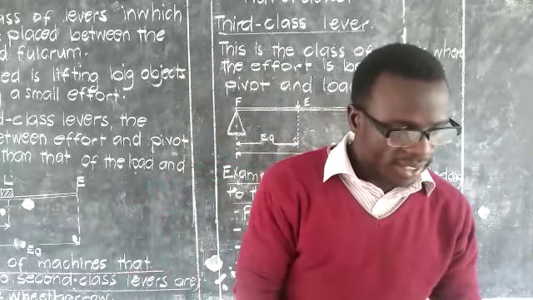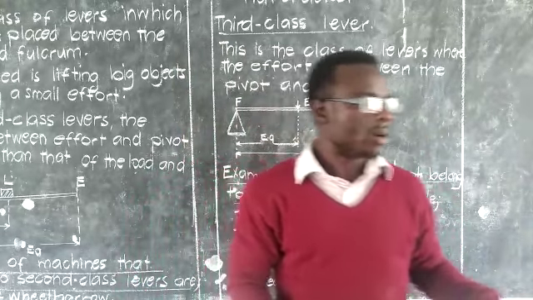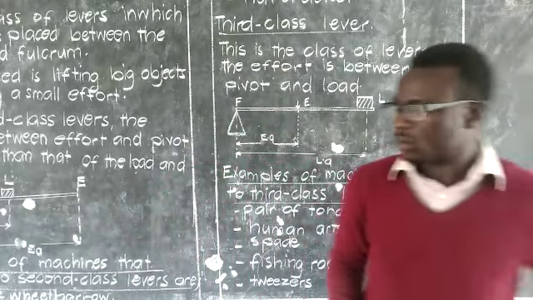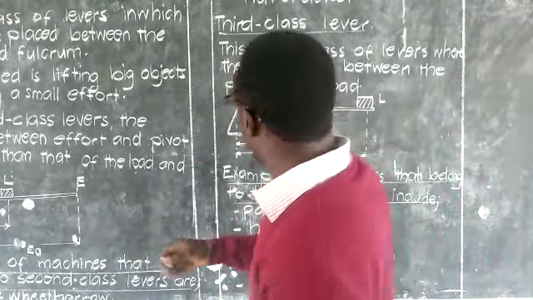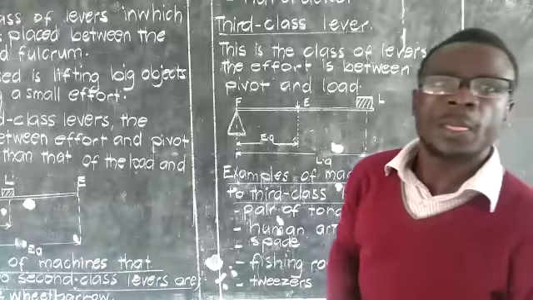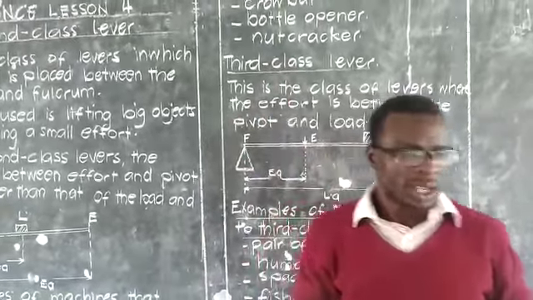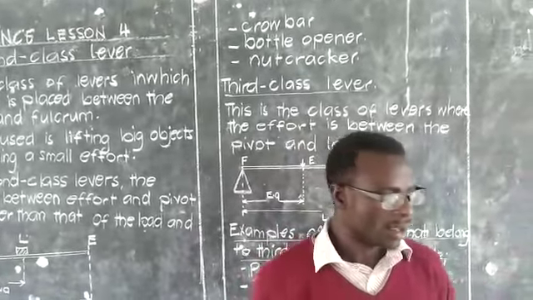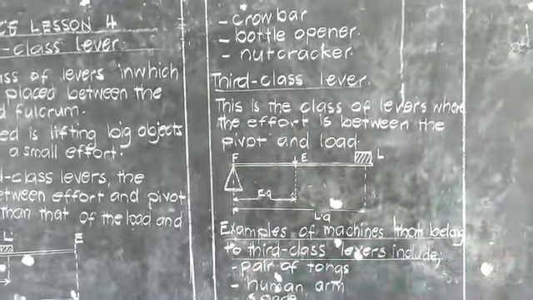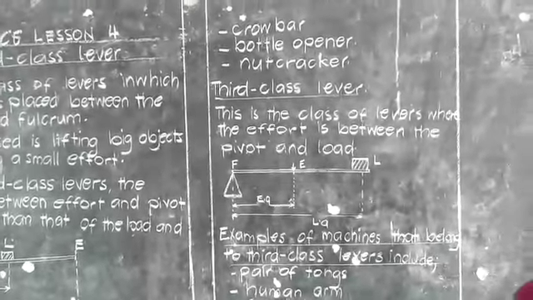We also have an example of wheelbarrow. We have wheelbarrows. We have crowbar. And lastly, we have a nutcracker. Some of the machines I do not have with me are being drawn on a chart that I have here.